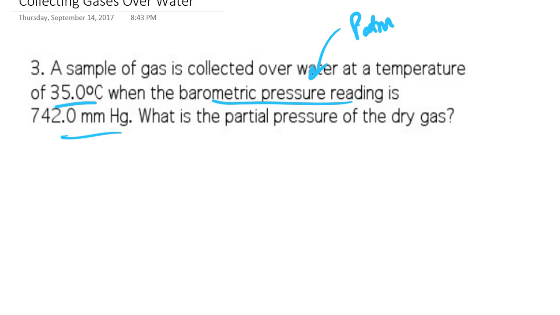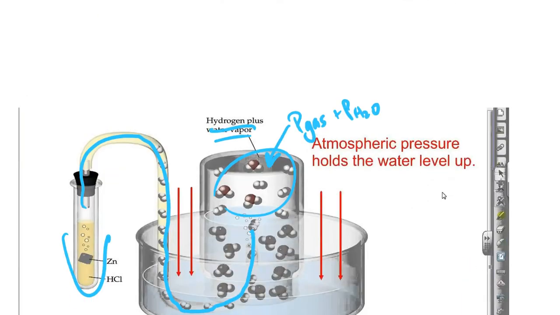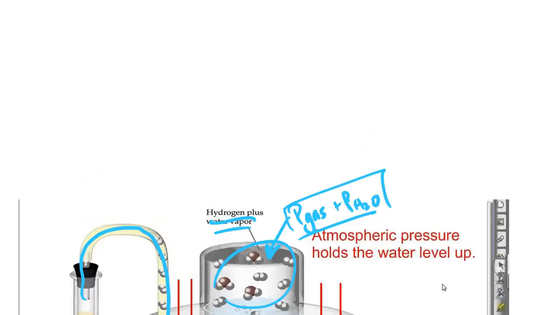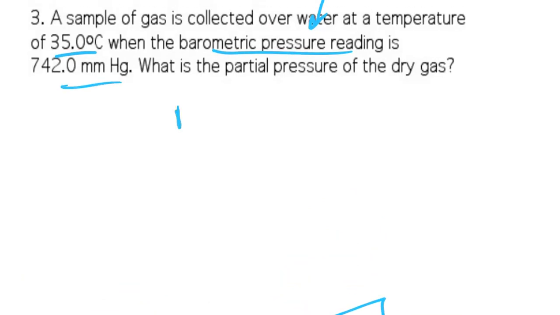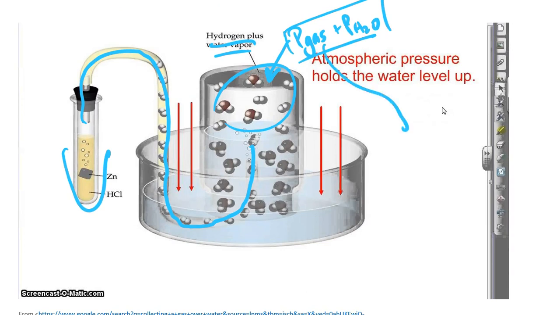Well, I have a mixture in this particular vessel that's composed of the gas and the water vapor. And so that would mean that the total pressure of this mixture is the pressure of the gas plus the pressure of the water vapor. Now, the pressure of the gas is actually approximated by the pressure of the atmosphere.